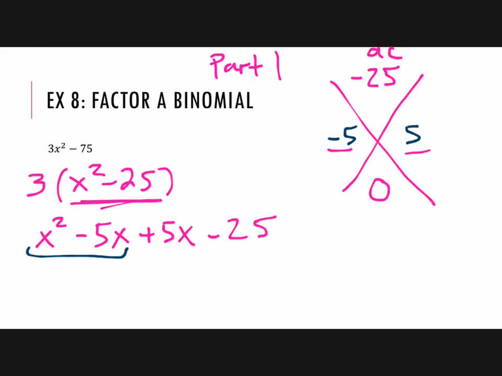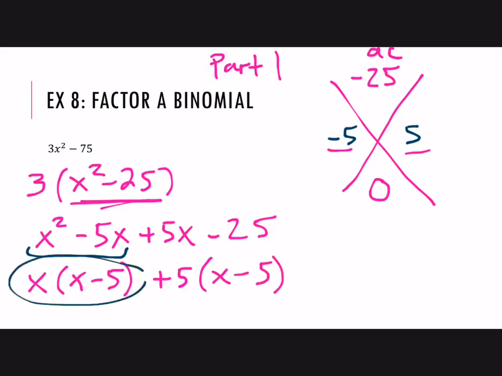Factoring the greatest common factor out of the first two terms, that's x, and what's left is x minus 5. And out of the second two terms is a positive 5, and what's left is x minus 5.